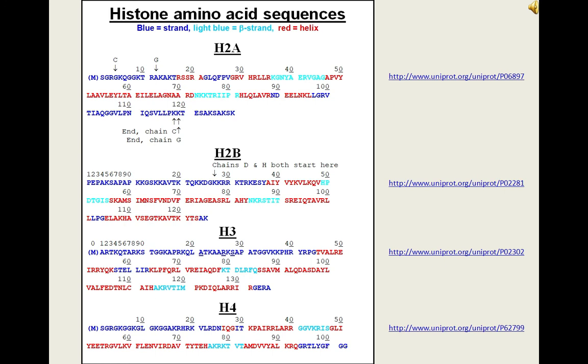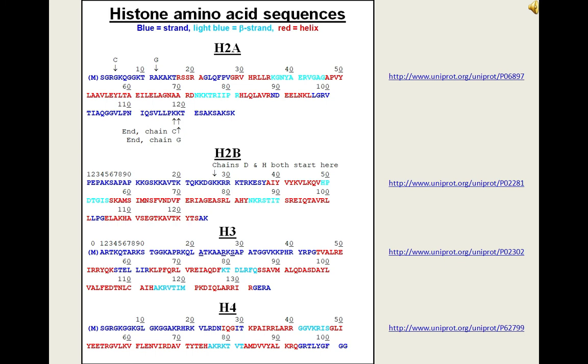The diagram also shows the starting and/or ending points of the H2A and H2B chains, insofar as they appear in the Luger et al. crystal structure, all 4 of which chains were degraded in that study. The corresponding starting and ending points are not entered for H3 or H4, probably because I encountered no issues there. The most frequent issue that did arise regarding primary amino acid sequence involved subunit H2B, which, in the Luger PDB crystallographic model, is missing 3 residues from the N-terminus.